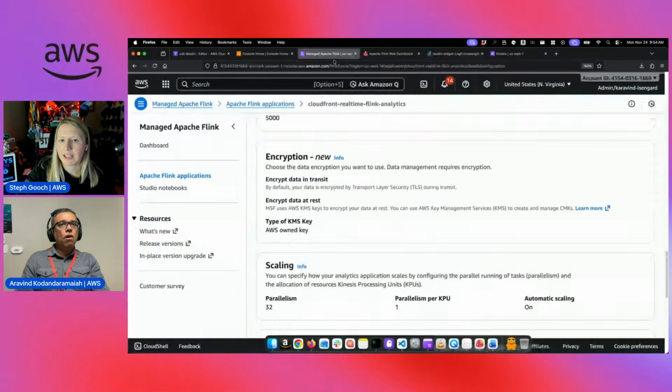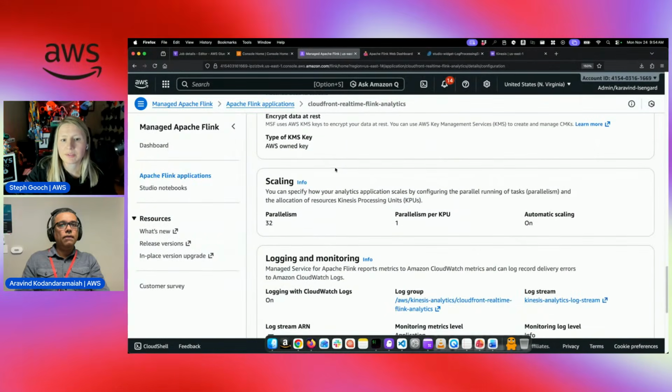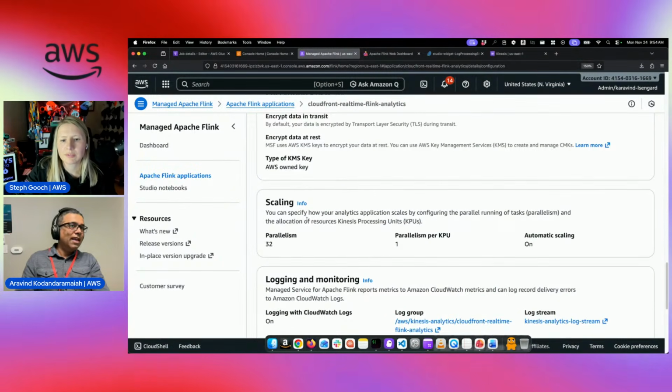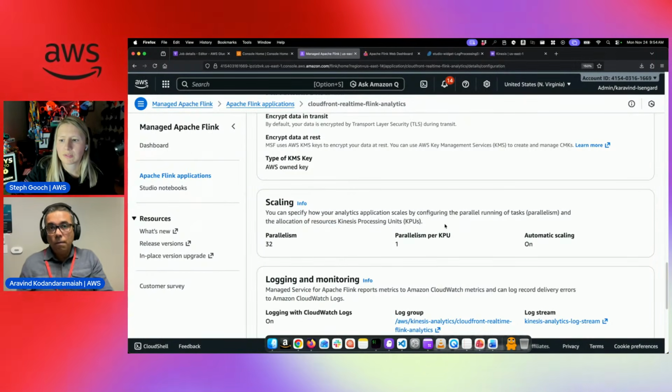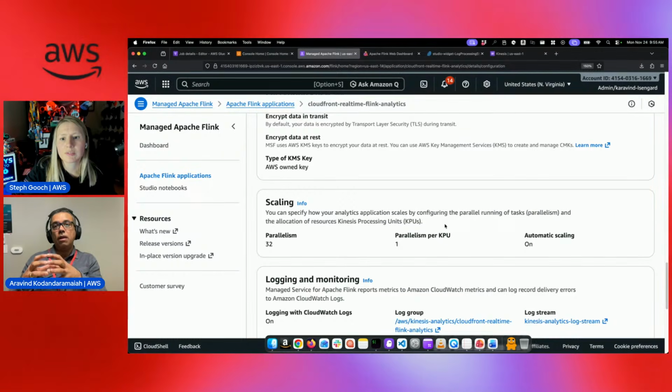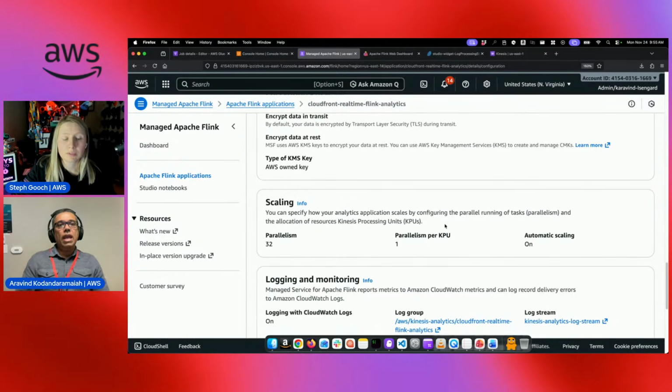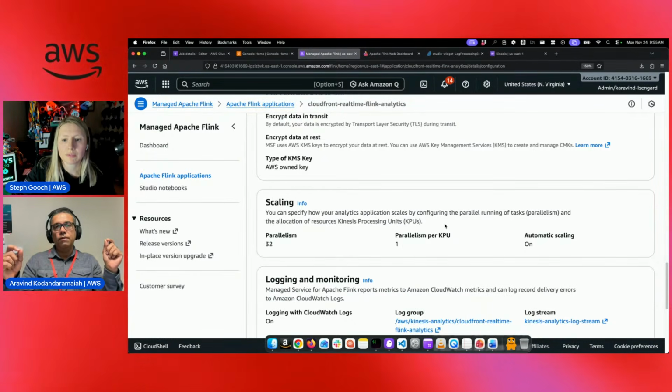Brilliant. Really quickly on the Apache Flink side of things, I want to again focus on the scaling aspect. There's a concept of parallelism and parallelism per KPU. You will be charged based on the number of KPUs that are being allocated. Every KPU gives you 1 CPU and 4 gigs of memory.